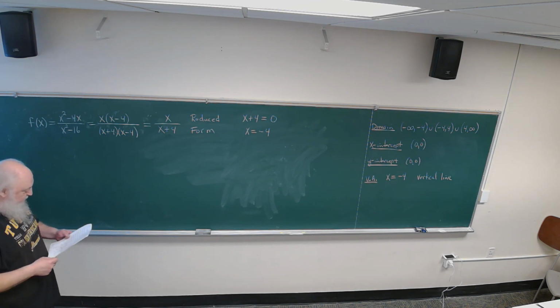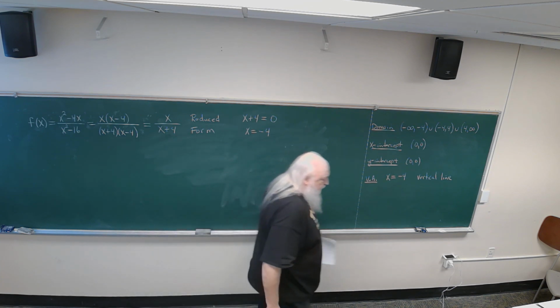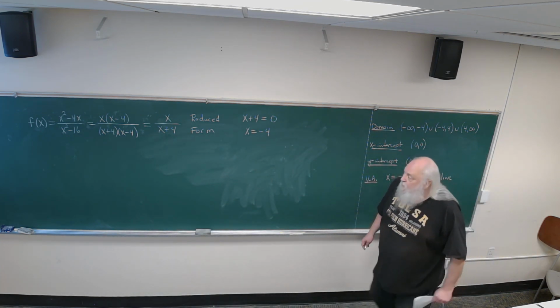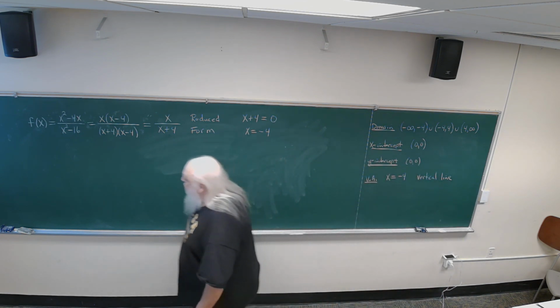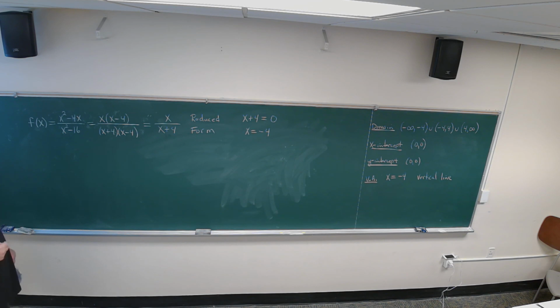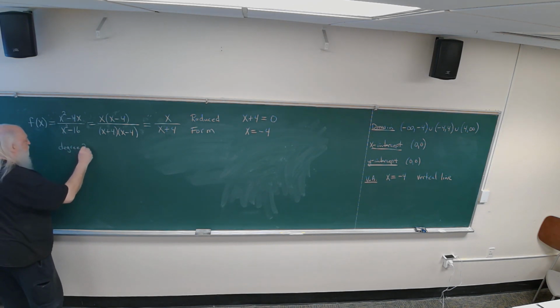Now, to find the equation of the horizontal asymptote, we haven't talked about this case here, okay? But you have to consider the degree of the numerator and the degree of the denominator in the rational function. So in the original form of the rational function, the degree of the numerator is 2.